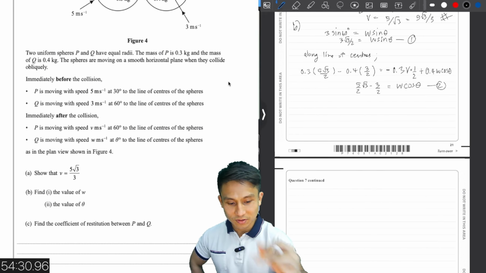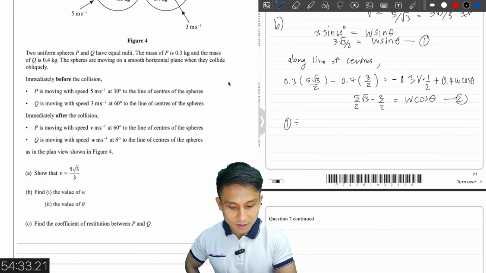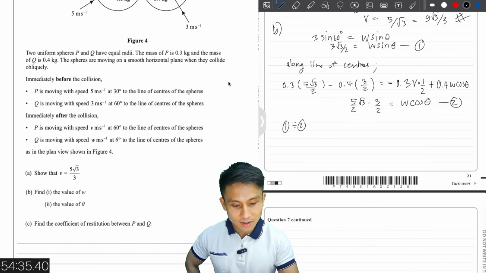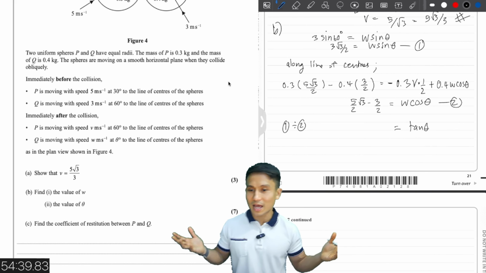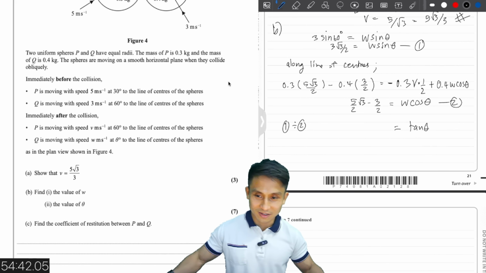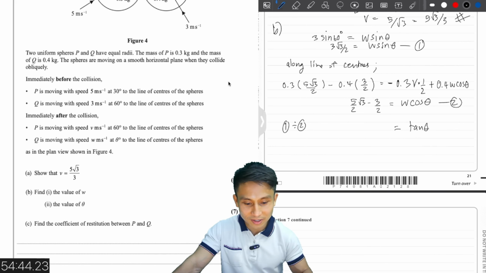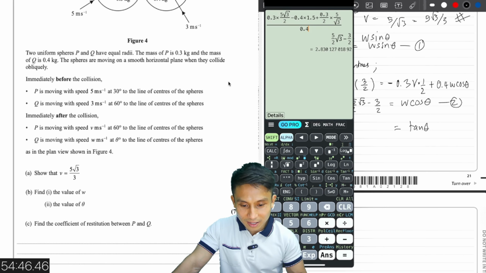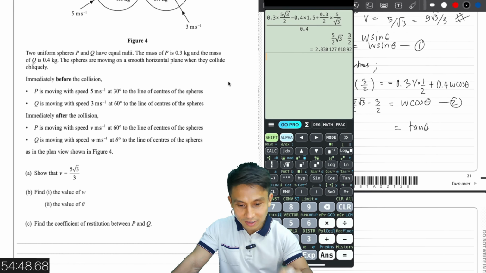And then you can solve. You do 1 divided by 2, and on the right side you would have a tan theta. I prefer to solve for the angle first, and it doesn't matter here, since you get both values at the same time anyway. Let's put this as an answer and clear.